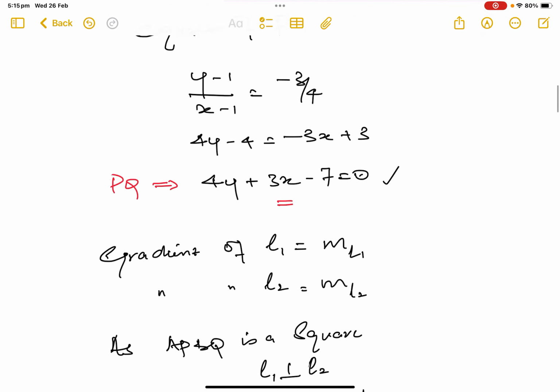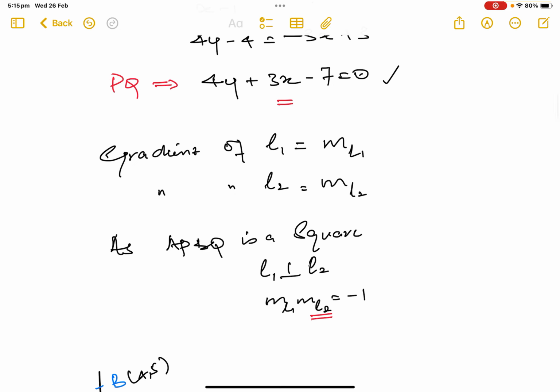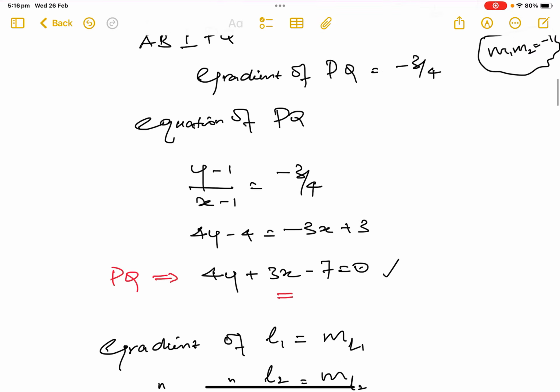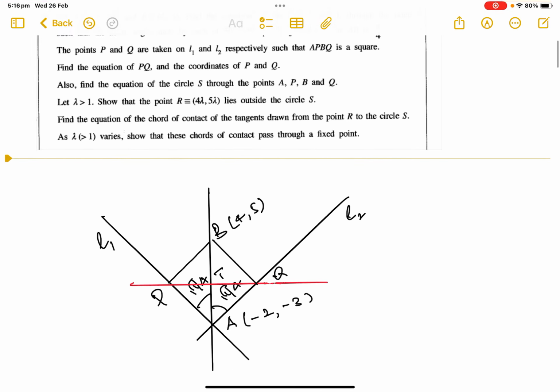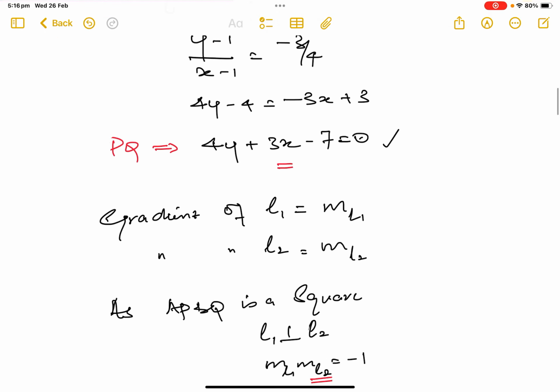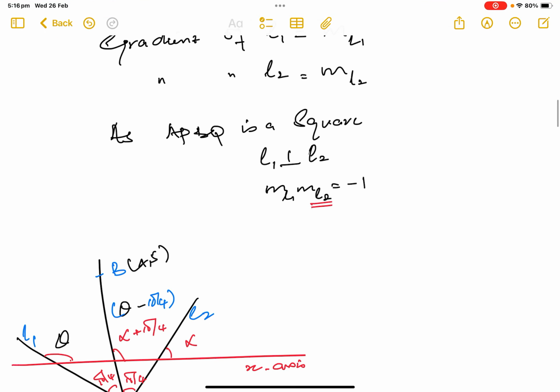So they are perpendicular. There are various ways to prove that L1 and L2 are perpendicular. Because APBQ is a square, L1 and L2 are sides of the square, so L1 is perpendicular to L2, and m_L1 times m_L2 equals minus 1.